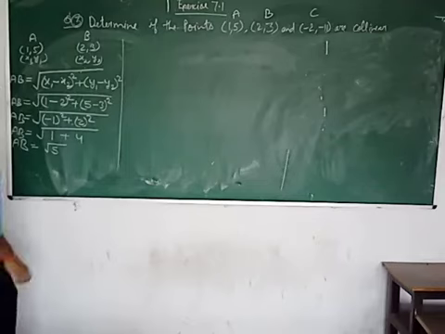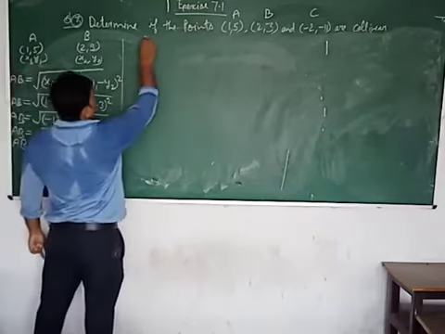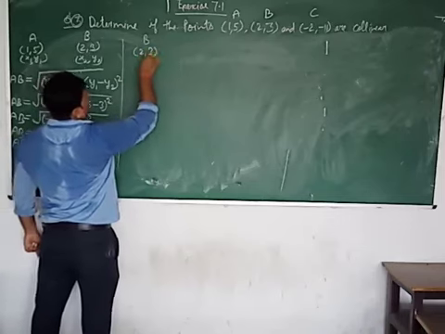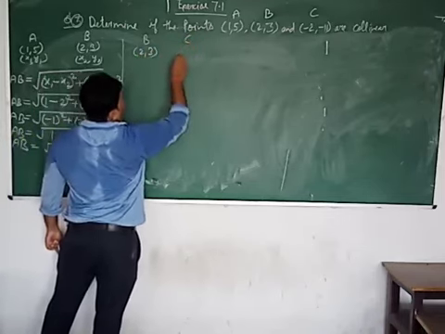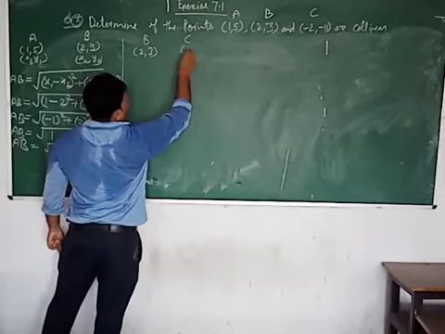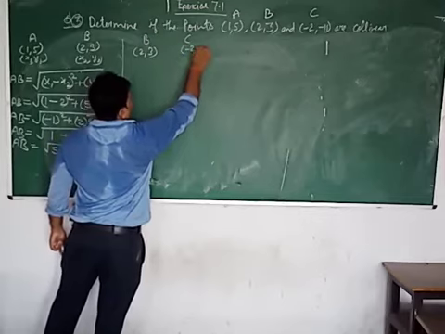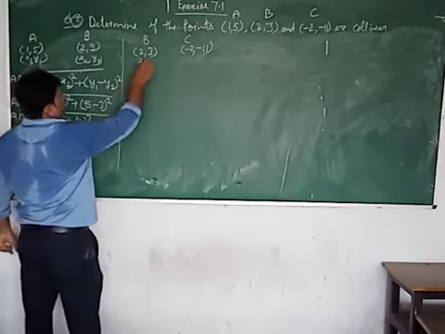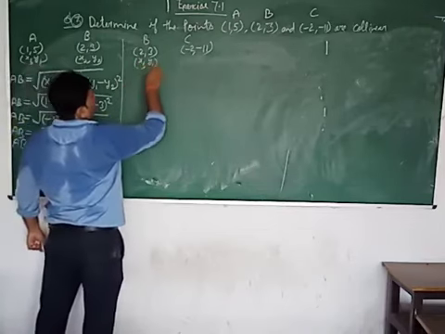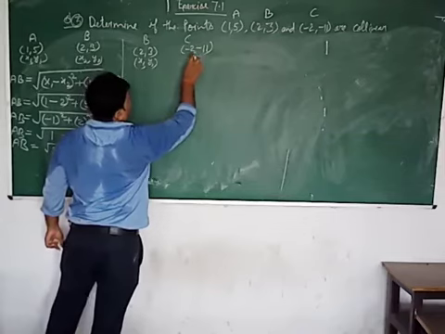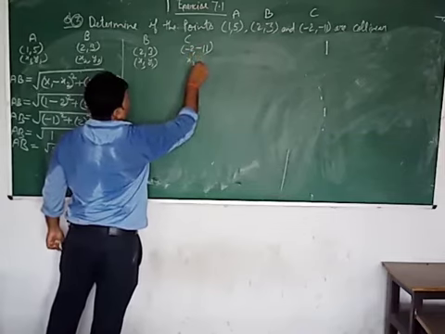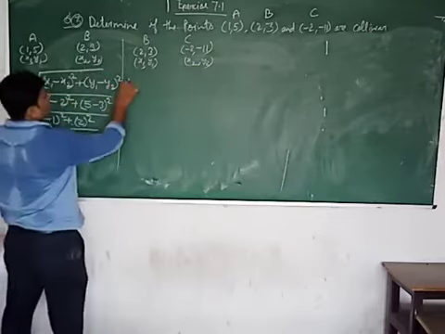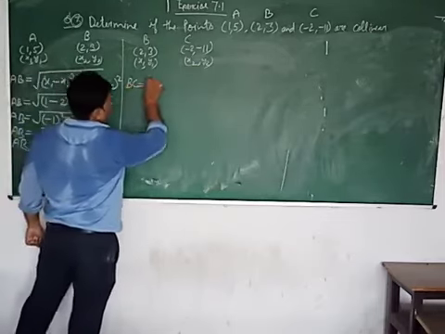Now find BC. B point is (2, 3) and C point is (-2, -11). Mark these as x1, y1 and x2, y2. What is BC?